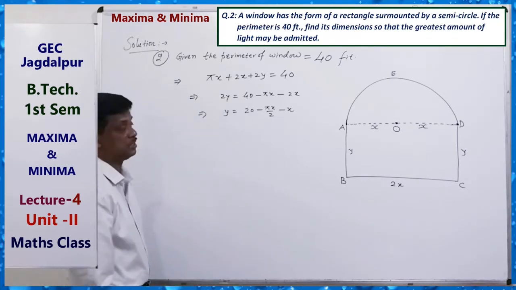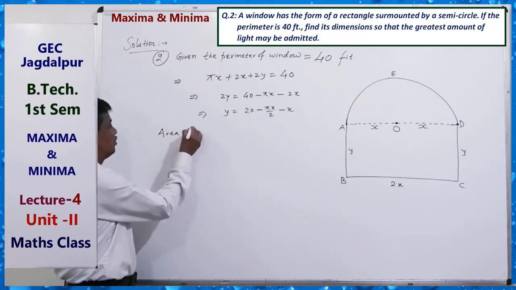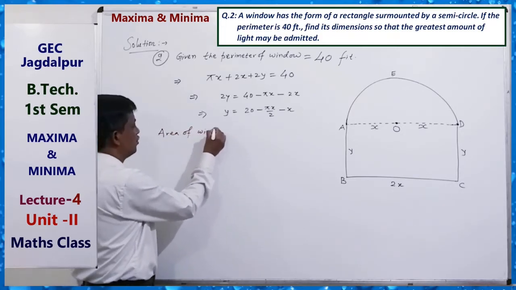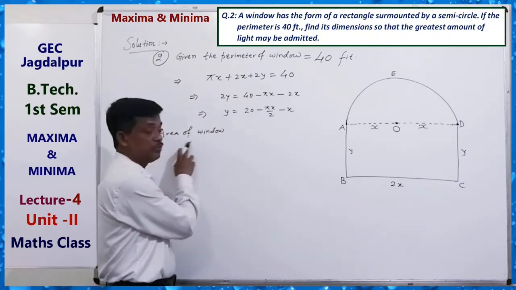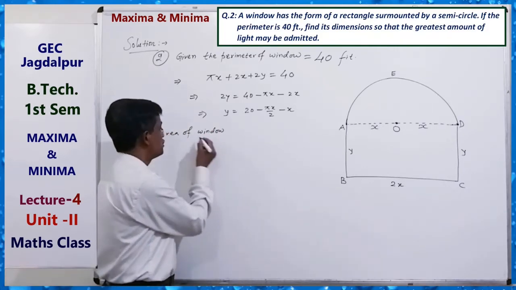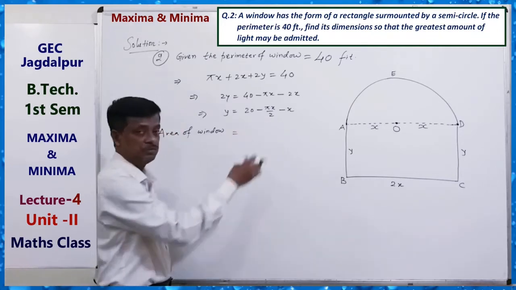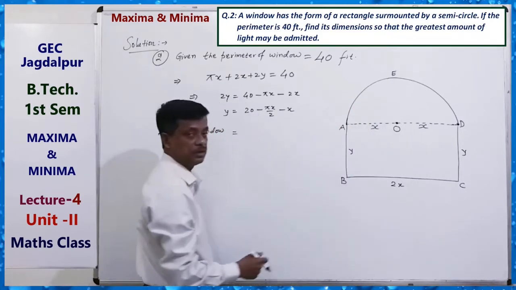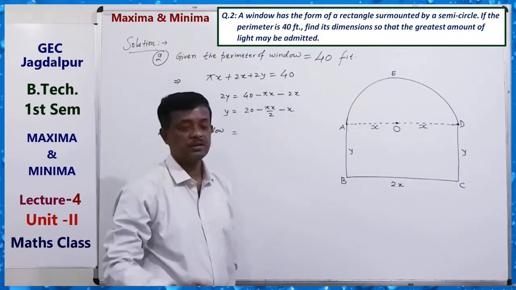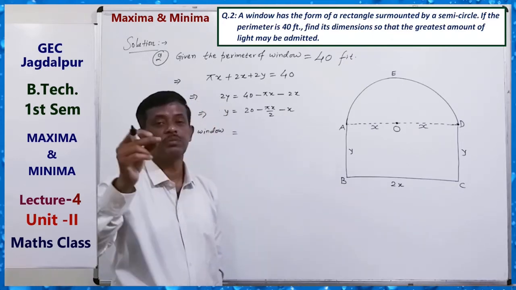First, the area function. For maximum light, the area of the window should be maximum. So the area of the window is equal to what? The area of this rectangle and the area of this semicircle. The circular area is pi r square, so the semicircular area is pi r square by 2.